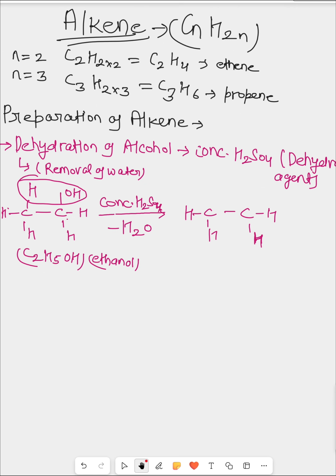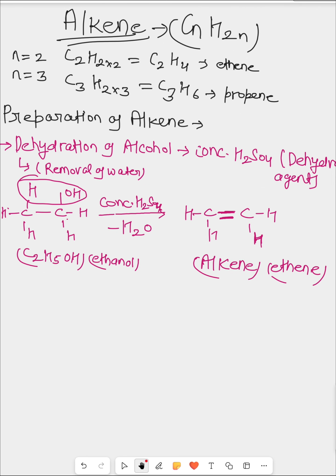Carbon has to complete all its four valencies. That means here a double bond is going to come. As soon as the double bond comes, all four valencies of carbon are complete: 1 2 3 4. It is your alkene, that means this is ethene.